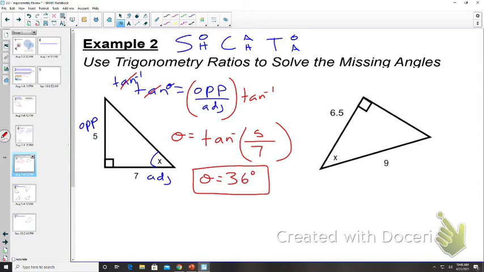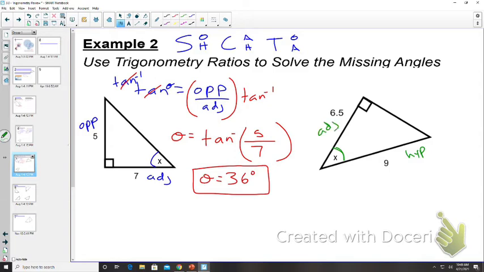So let's look at this one right here. With respect to angle x, what is my 6.5 and what is my 9? Perfect. My hypotenuse is always across from the right angle, and the adjacent is the side which connects my angle to the right angle.